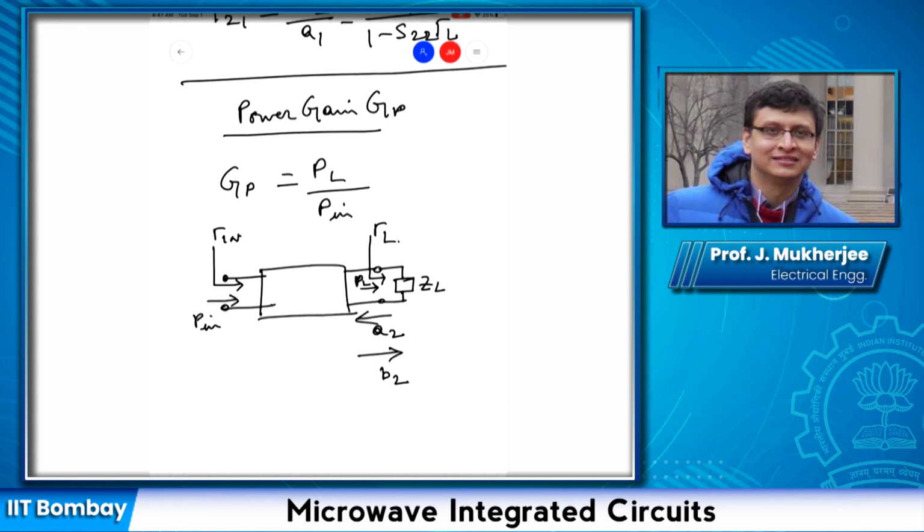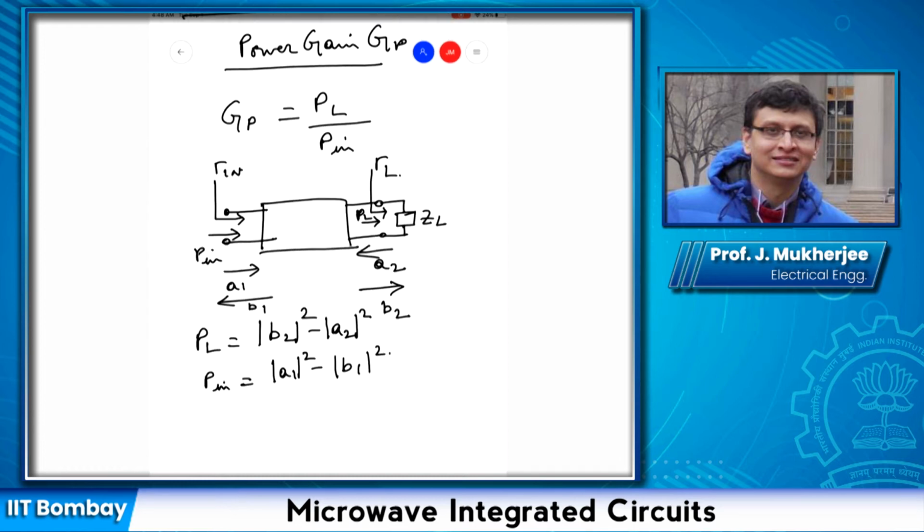So I can write PL as equal to the magnitude of B2 square minus A2 square. Here of course I have A1 and B1. P in is equal to A1 magnitude square minus B1 magnitude square.